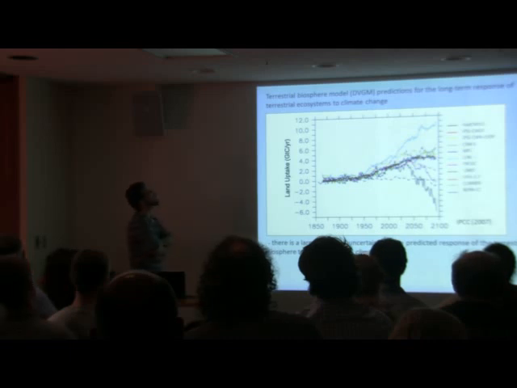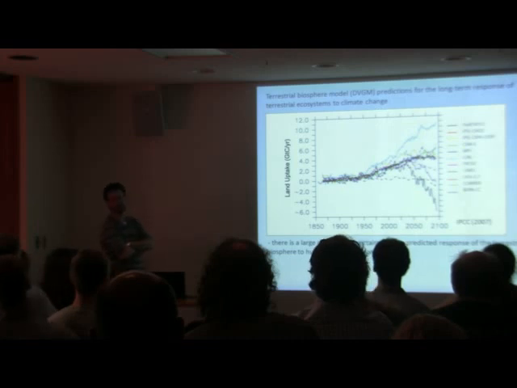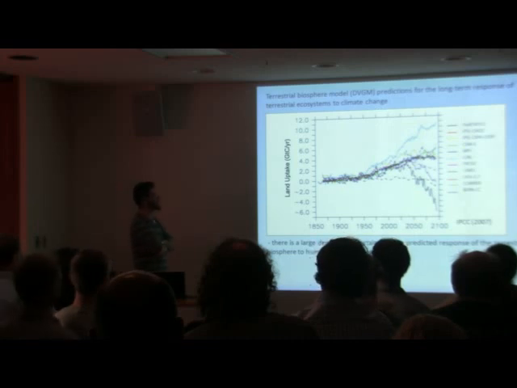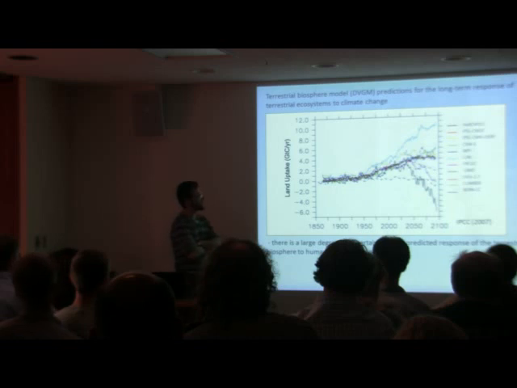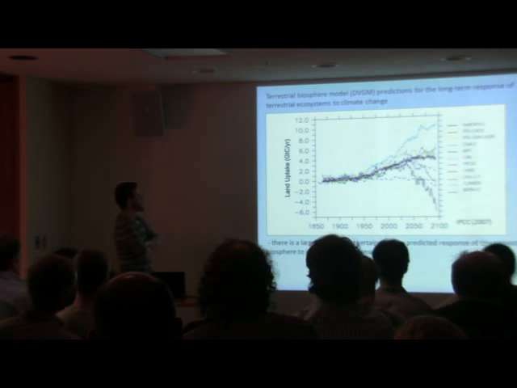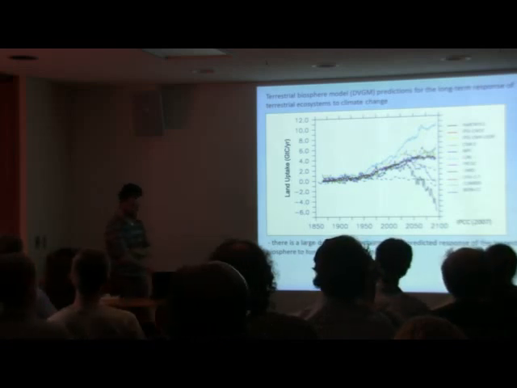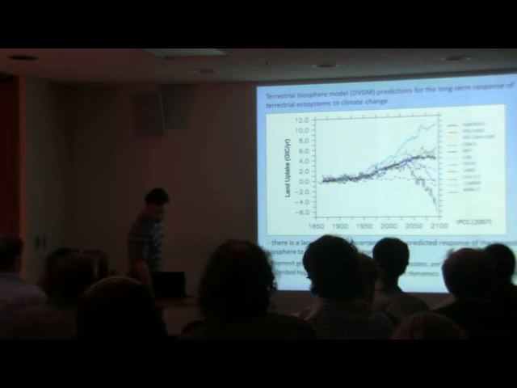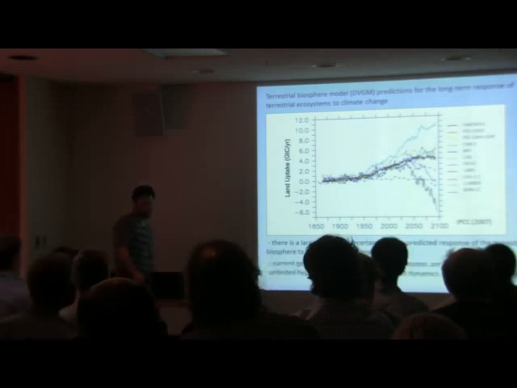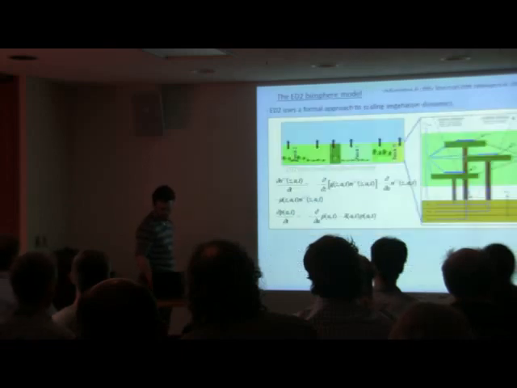And various terrestrial advisory models have attempted to predict the long-term response of these terrestrial ecosystems to a changing climate with varying degrees of success, especially from 2000 or so onwards, with ranges between large carbon uptakes and large sinks and sources. So these have been okay, but they're largely untested for the future state of the dynamics of these ecosystems.